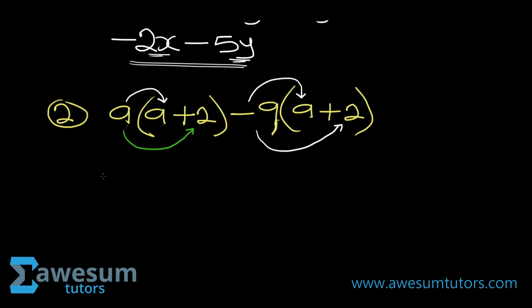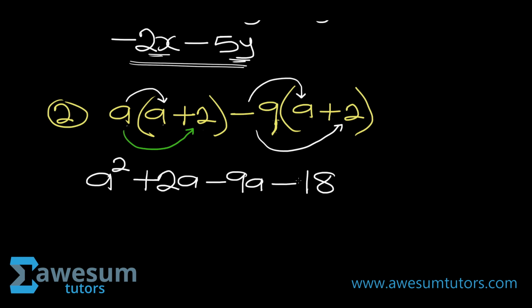A times A is going to be A squared. A times plus 2 is going to be plus 2A. Very good. Negative 9 times A is going to give you minus 9A right here. Negative times positive is going to give me negative. 9 times 2 is going to give me 18. Very good, guys. Now the next thing is to simplify this expression.